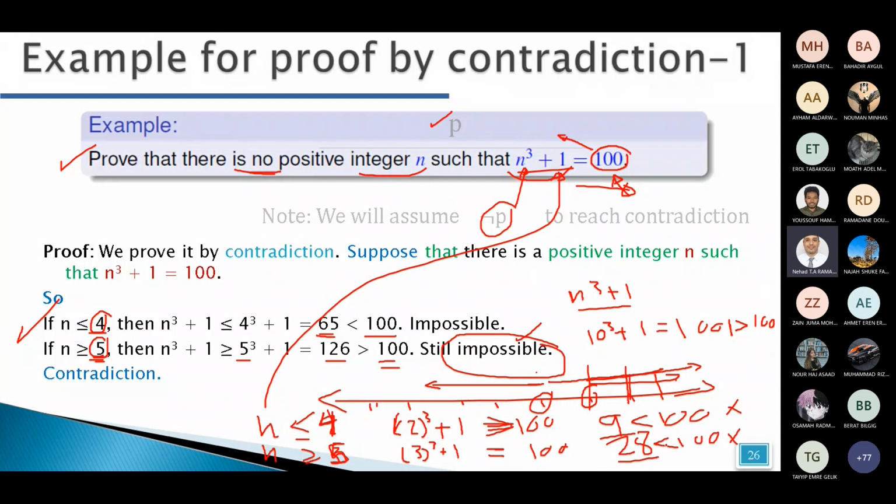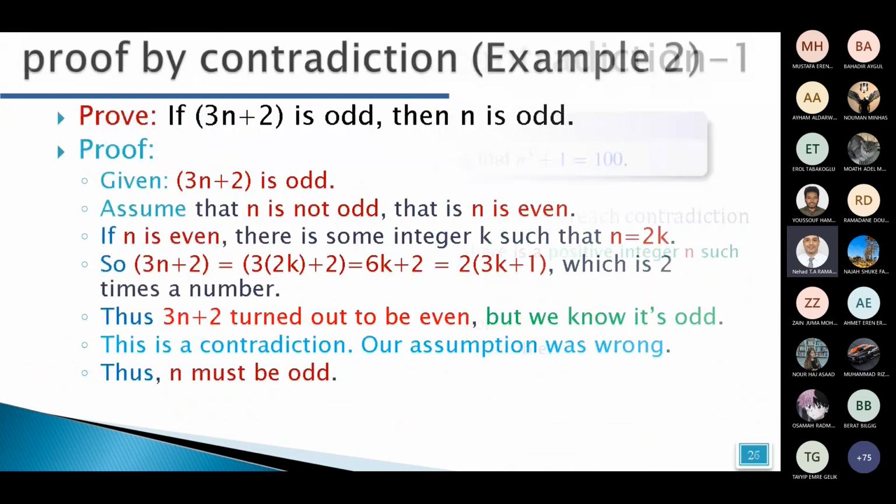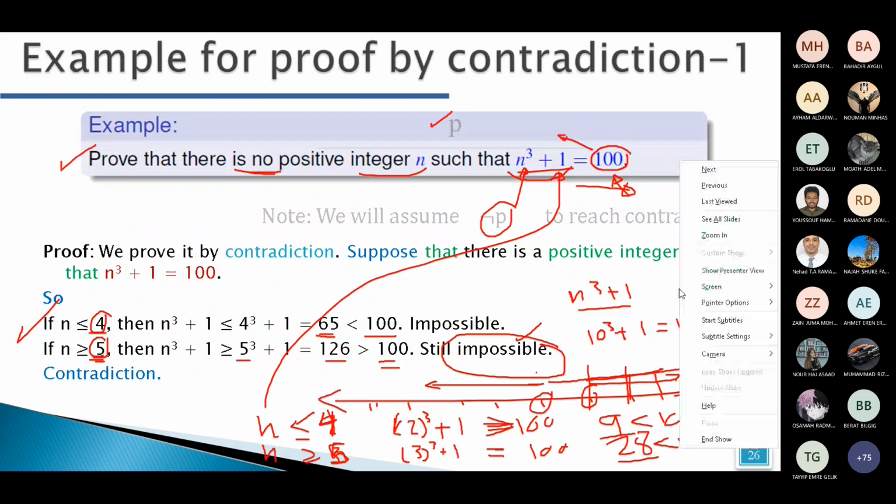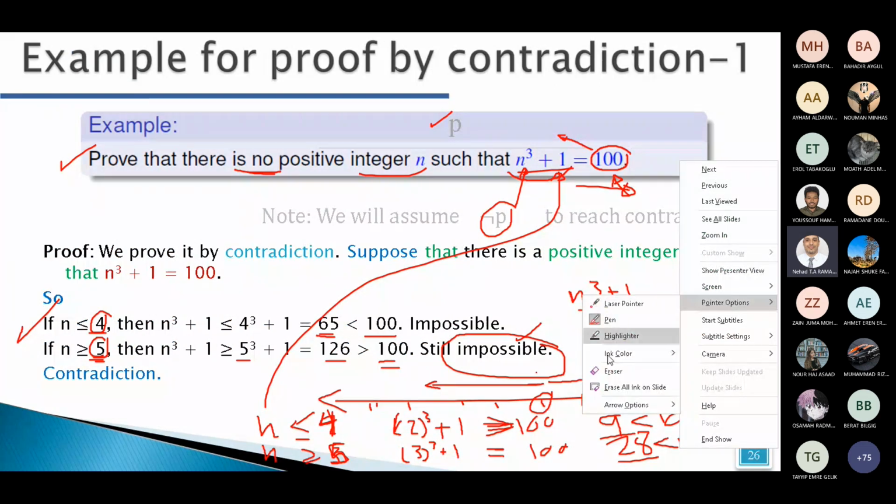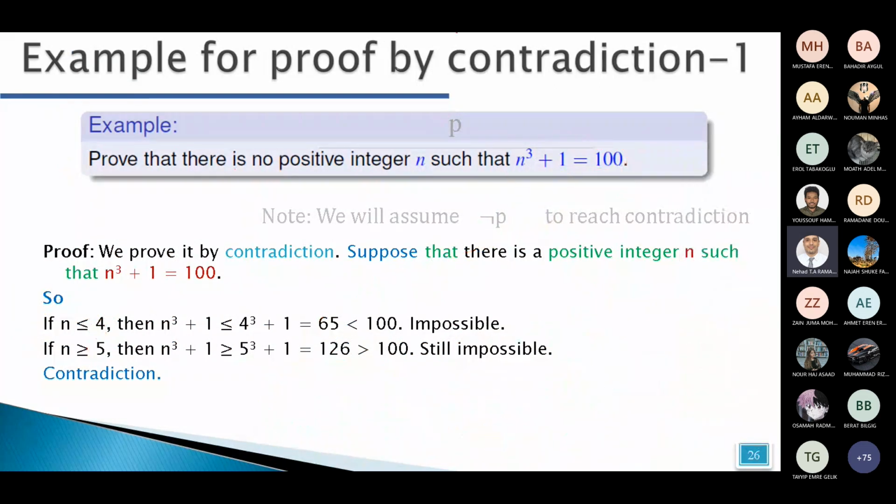I know maybe you are a little bit confused here. Let me organize it again for you. What's the idea of contradiction here? The statement says there is no positive integer that can be filled here instead of n to give us 100.